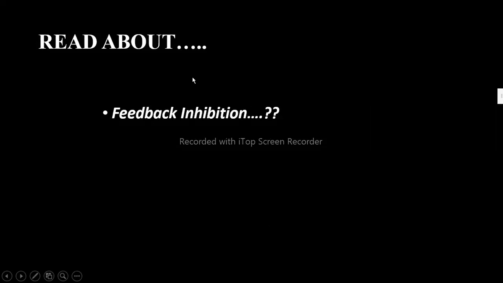Then you can read about feedback inhibition. This is an assignment that I gave. I told you to read about hexokinase and glycolysis and end product inhibition. Just go to Google, type end product inhibition plus hexokinase plus glycolysis.